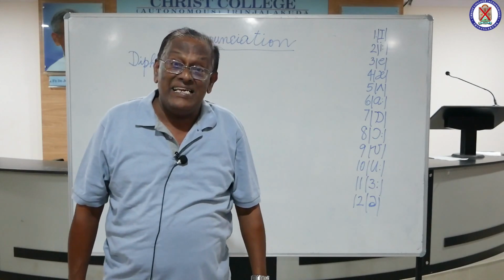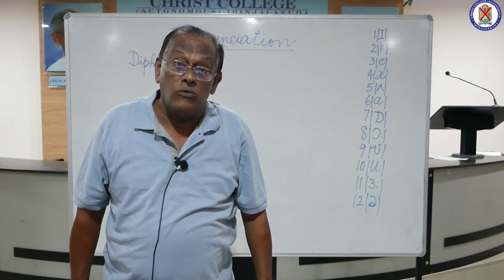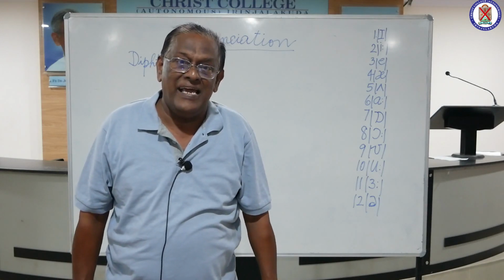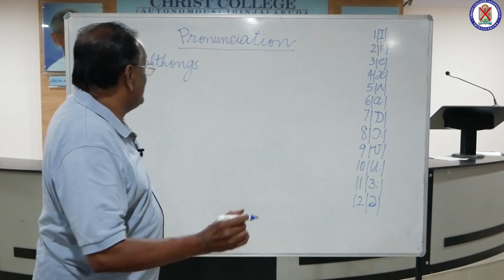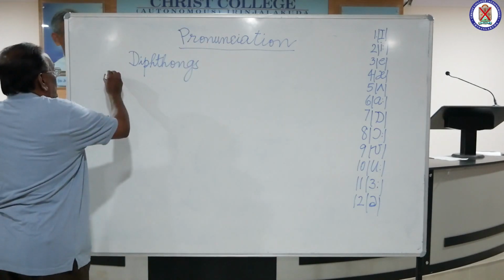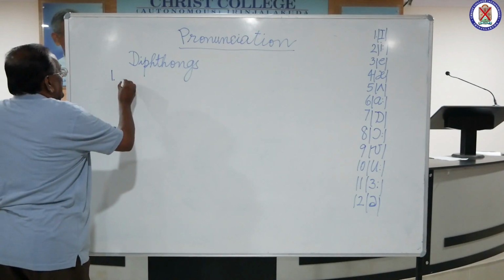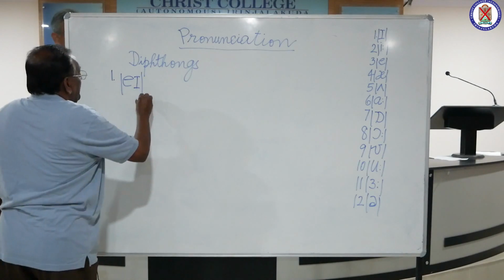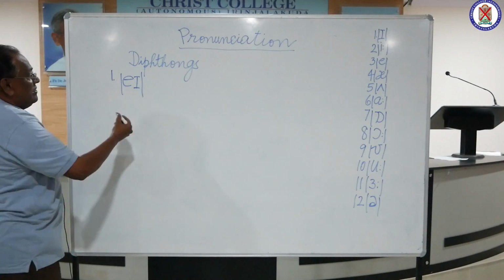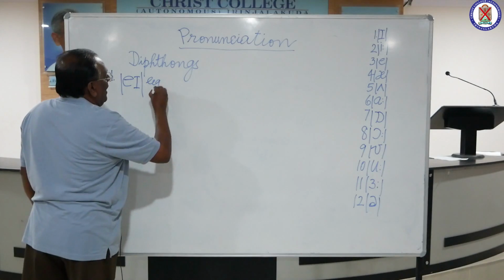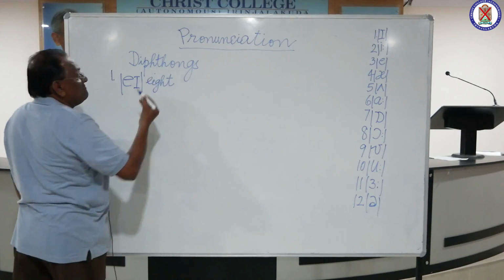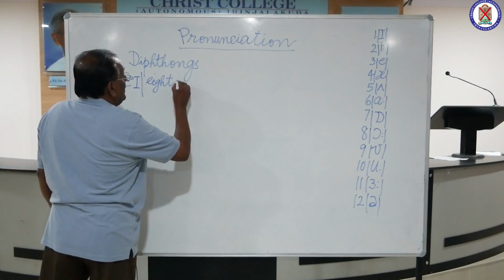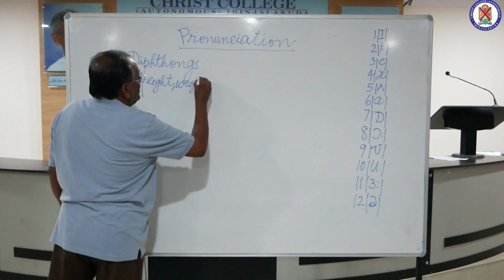A and E, when they combine together, we get the diphthong, the sound A. Diphthong number 1 is A plus E, and you have this sound in words like EIGHT, eight, WEIGHT, wait.